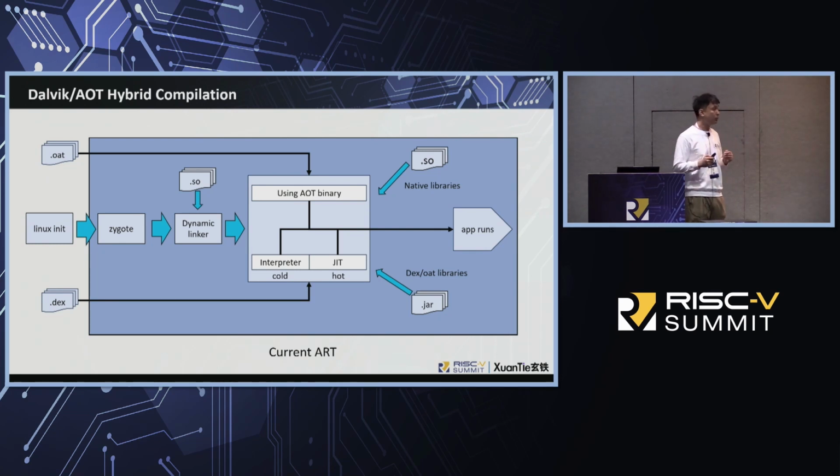It's the first process of Android, and Zygote would start the ART environment and start the first Java Kotlin application. All the service processes, interactive processes, or application processes are forked from Zygote.